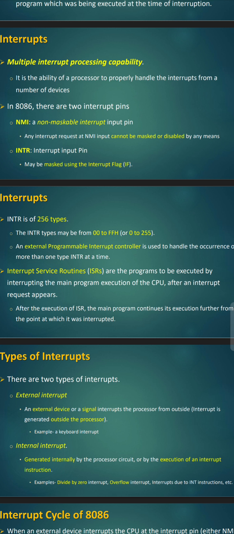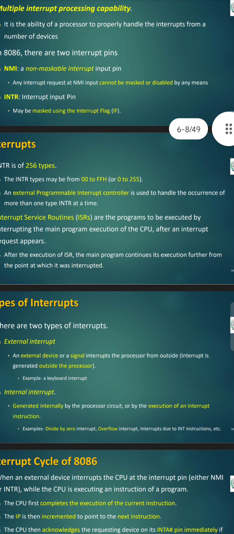As I have told earlier, when an interrupt occurs, it is diverted to some other program that we call an interrupt service routine. After the execution of that ISR, the main program continues its execution from the point at which it was interrupted.